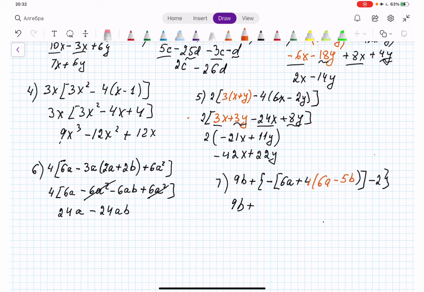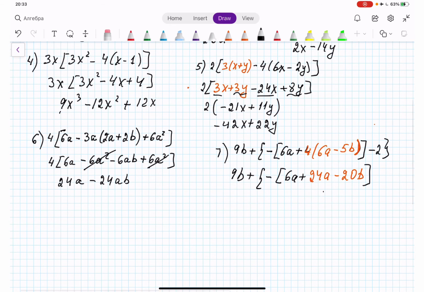All right, and we have minus 6a plus, okay, 4 times 6a is 24a and minus 20b. Okay, the parentheses are gone. We opened it. So we have left square brackets and minus 2.